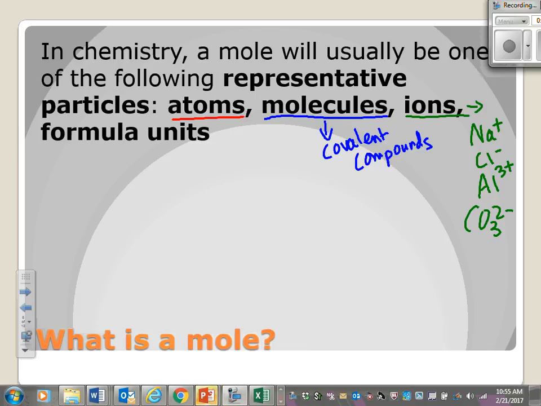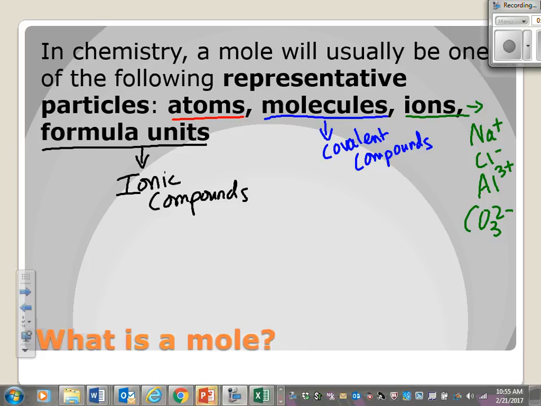So any of those fall in the ions category. And last but not least, our lovely formula units over here. Formula units are always ionic compounds. Ionic compounds are, of course, going to be metal, non-metal, or polyatomic with a metal or ammonium in there.